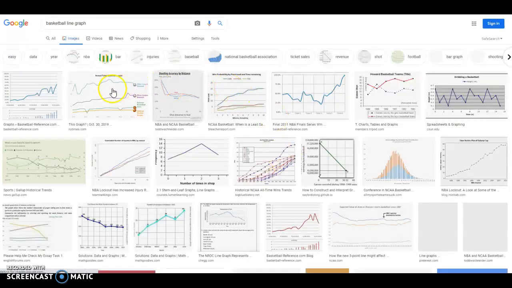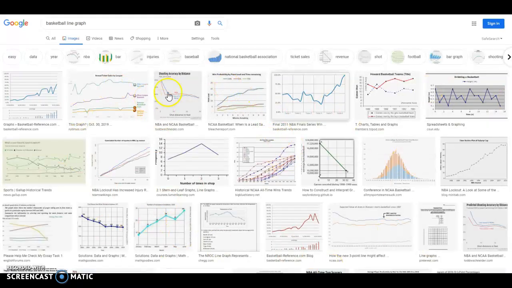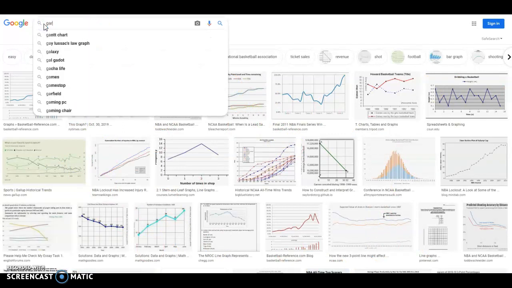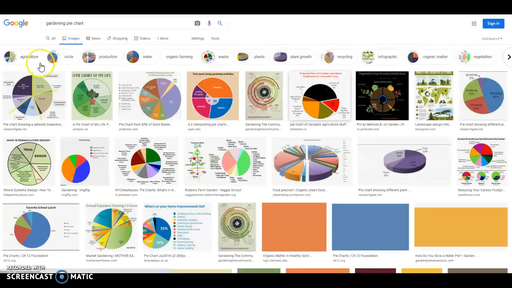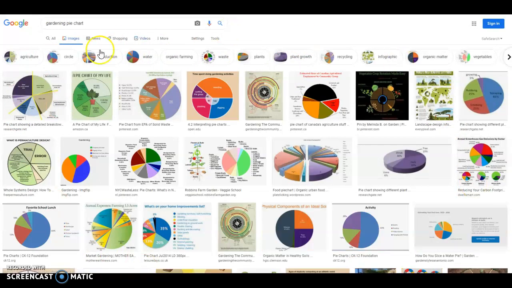And it will show me all sorts of different examples of line graphs related to basketball. Or you could type in gardening pie chart. And you'll find all sorts of different examples related to gardening and pie charts, right? So it doesn't matter to me what the topic of the graphics you find are, and it doesn't matter which type they are. It's up to you to choose, okay?